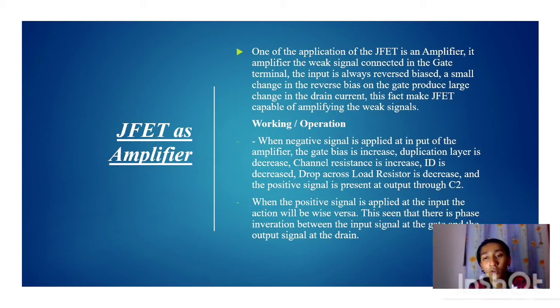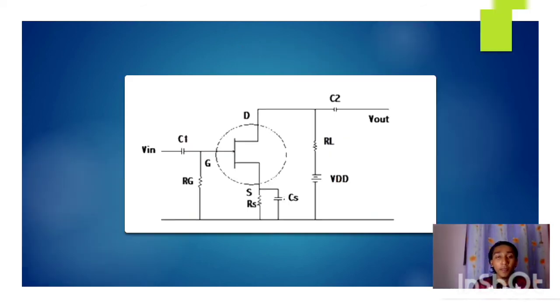Drop across load resistor is decreased. And the positive signal is present at output through C2. When the positive signal is applied at the input, the action will be vice versa. This means that there is phase inversion between the input signal at the gate and the output signal at the drain. Dan ni adalah litar dia.